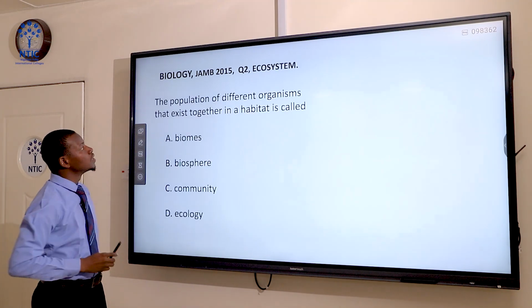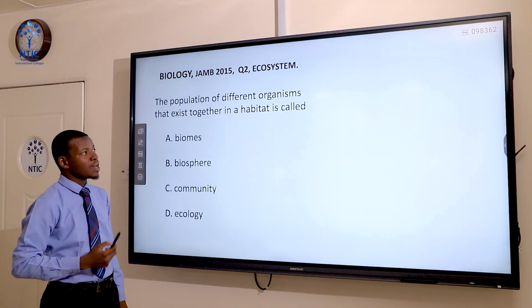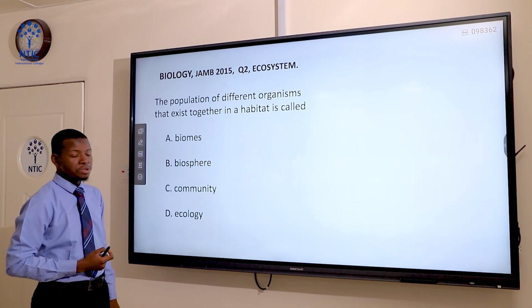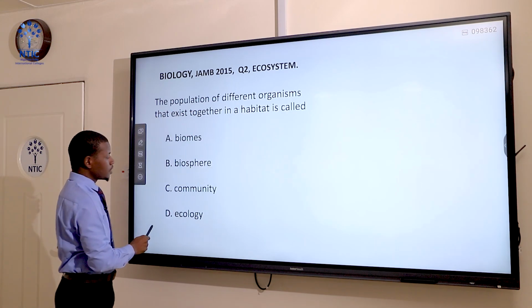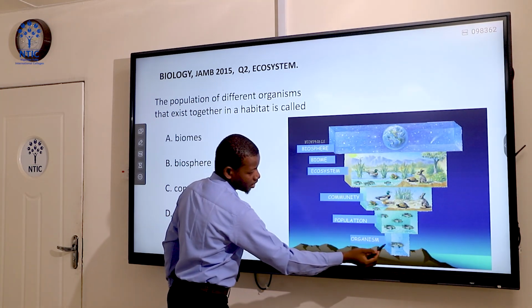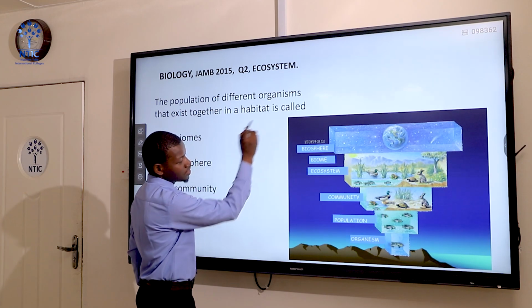Question number 2. The population of different organisms that exist together in a habitat is called A. Biomes, B. Biosphere, C. Community, D. Ecology. Now, the key word here is population and biosphere. Here is a diagram showing the organization. The place where an organism is found is referred to as habitat.